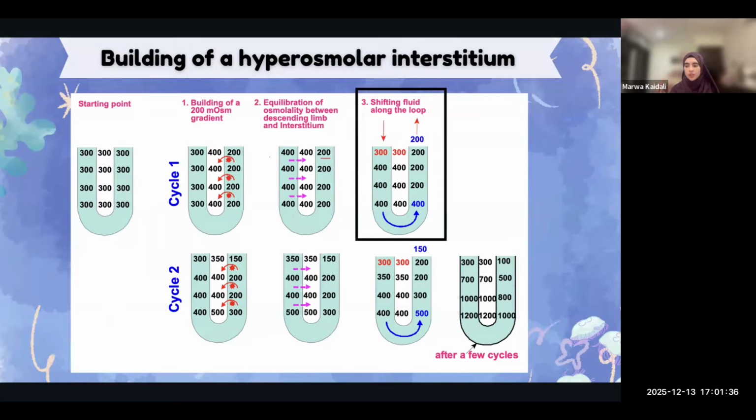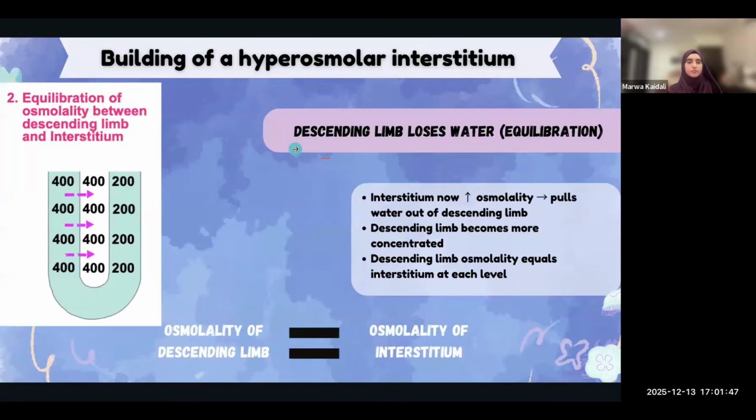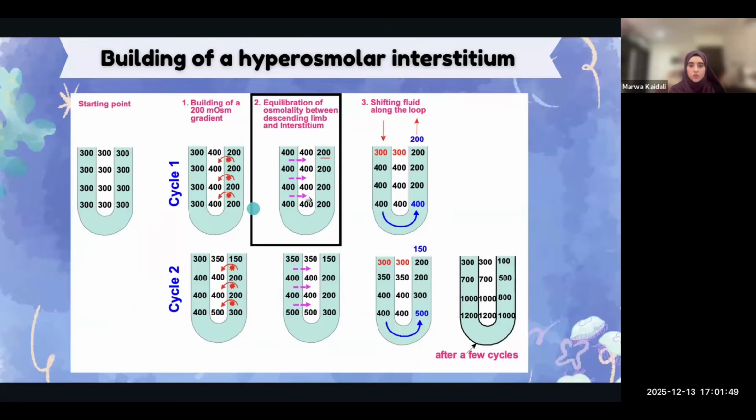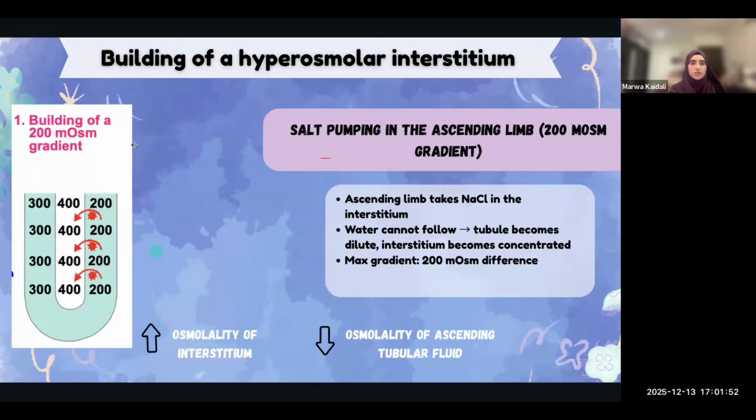Now step 3, what's going to happen here is that we know that fluid is constantly coming in. Because we want to concentrate the descending limb. The interstitium was already at, sorry, 1 second. So this is step 1, right?